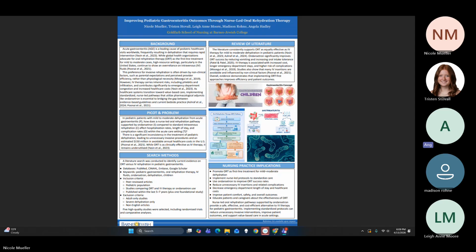Because of these factors, IV therapy is frequently used when it could be avoided, and this leads to several important consequences. There are increased healthcare costs. IV therapy requires more supplies, more staff time, and often leads to hospital admission, all of which increase the financial burden on the healthcare system.